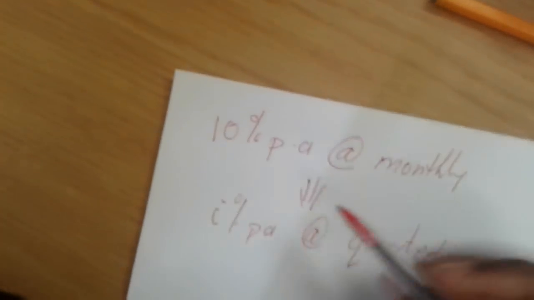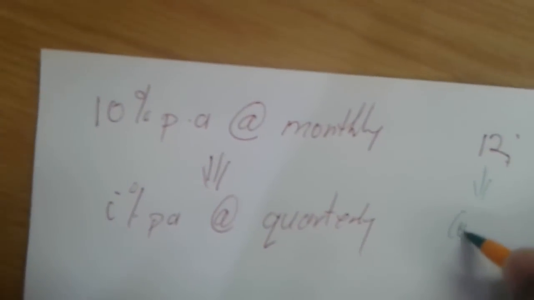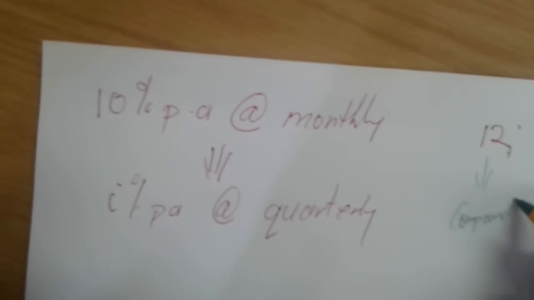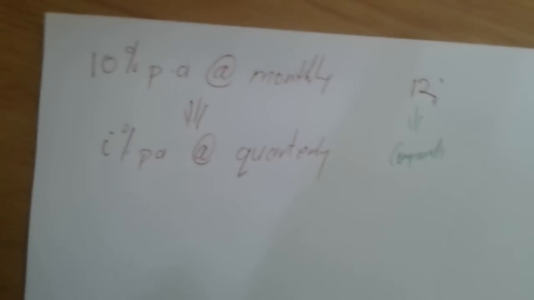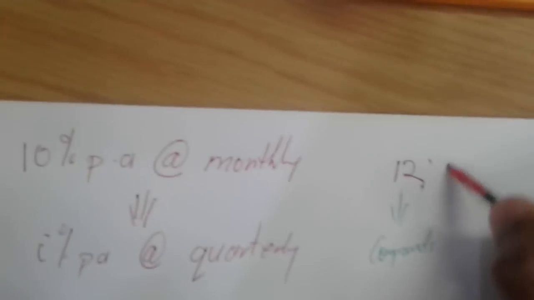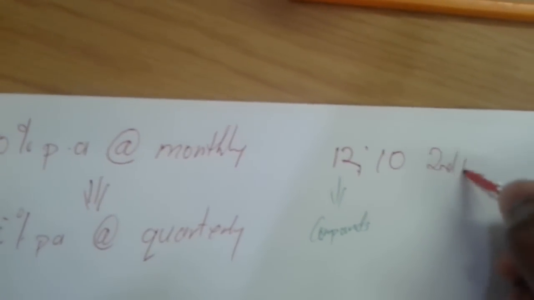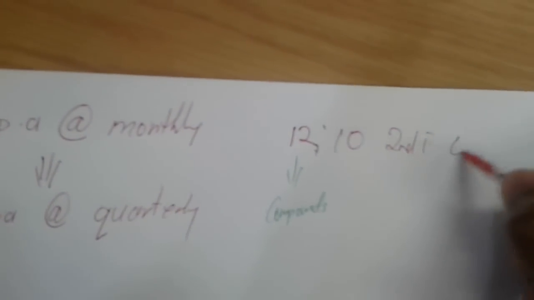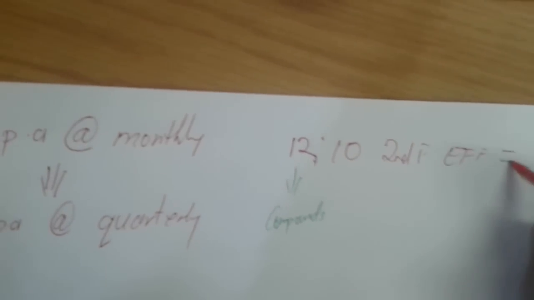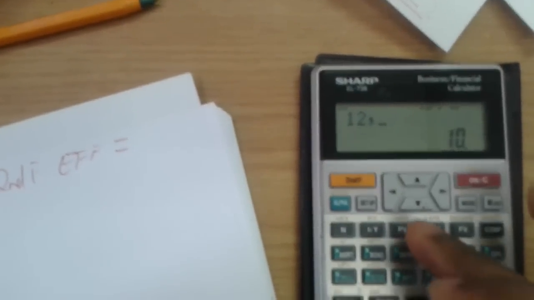I think by now you all know why 12 first, because if it's compounded monthly, there are 12 compounds per year. And then XY, then 10, and you know what to do, second function, EFF.